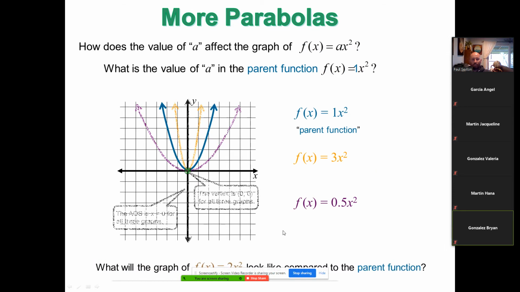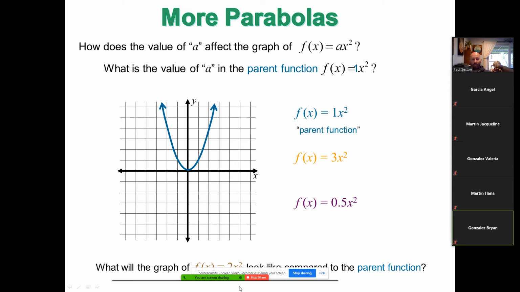All right. So on this one, all my stuff erased. Okay. Don't worry about drawing the parabola. We'll just describe down here. What will the graph of 2x squared look like compared to this parent function? Is it going to be skinnier or wider?